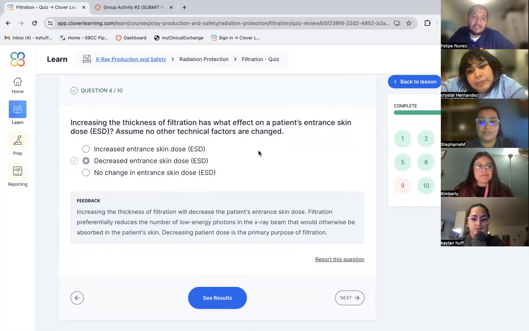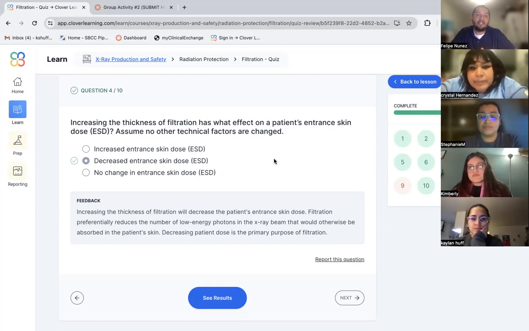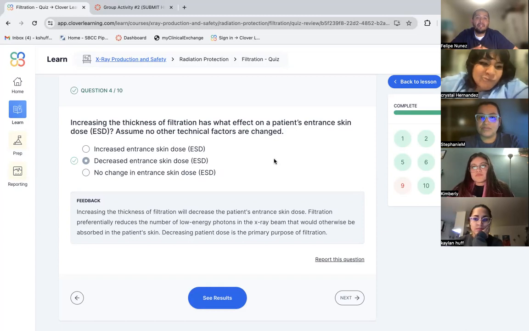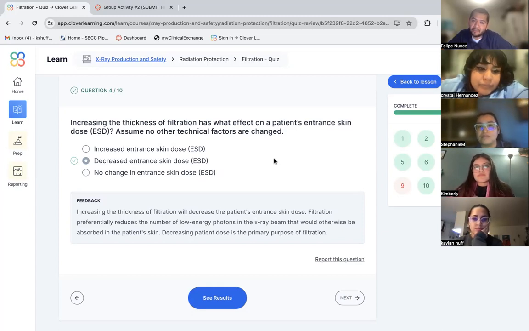And here it's asking, the thicker the filtration, what effect does that have? If you have a thicker aluminum filter, the low energy photons are going to have a harder time penetrating, thereby decreasing the entrance skin dose to the patient and maintaining the higher energy photons that are going to get all the way through the patient and onto the plate. That's what I'm thinking.